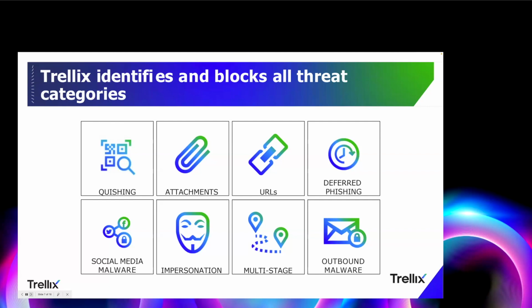So for now, Trellix has these key features. The most important, from my perspective, is malware attachments, where Trellix email security takes attachment security to the next level by inspecting every file in multiple ways.